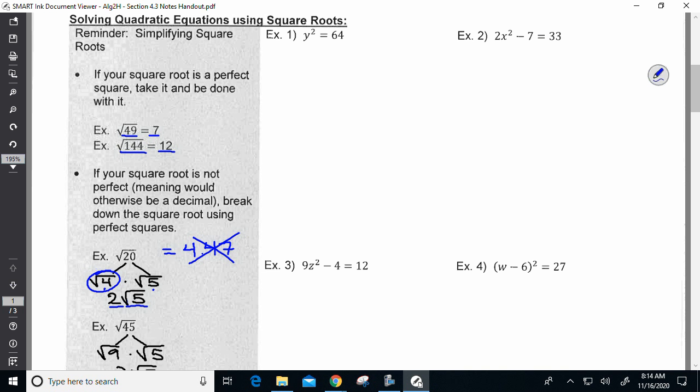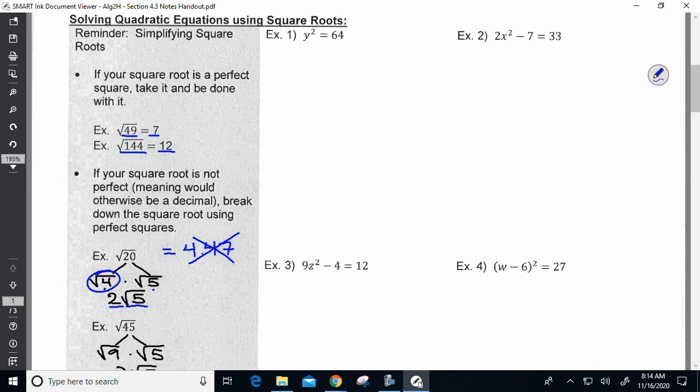Now, if you left it as a decimal because you don't know how to break down the square root, you've got plenty of opportunities to come in and ask for extra help. You don't get to do it your way because you don't know how to do it the right way. So make sure you ask. That being said, we're going to do a few examples of solving using square roots.